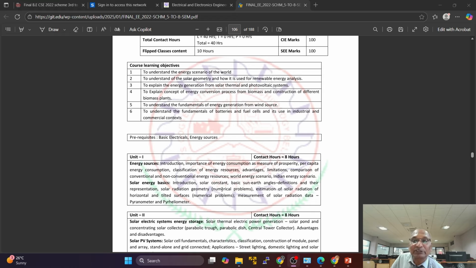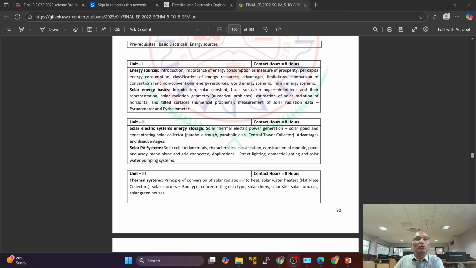Unit 2 deals with solar electric systems, energy storage, solar thermal power generation, solar pond, and concentrating solar collectors, for example the parabolic trough, where solar energy can be concentrated, the parabolic dish, and the central tower collector, with their respective advantages and disadvantages.